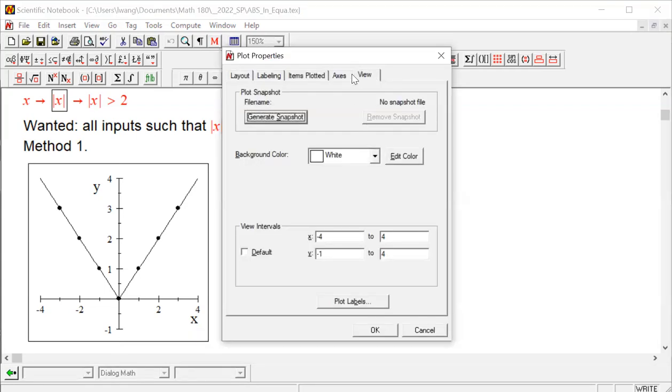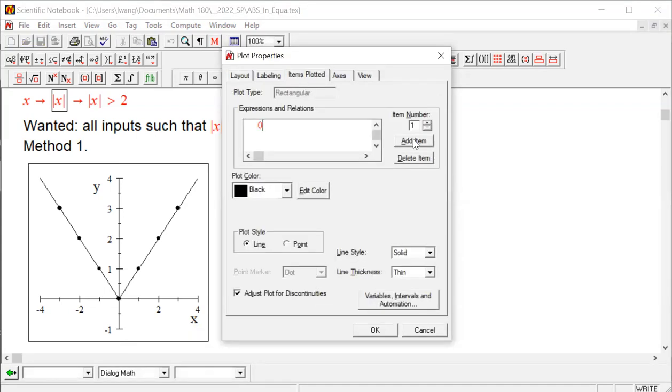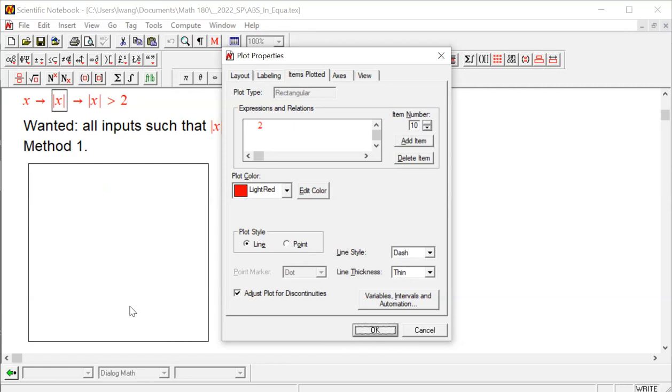So we're going to draw a horizontal line. That horizontal line, I'm going to draw it red, okay? Broken line. Why broken line? Because equals to 2 will be a solid line. It's a broken line, so that's the line we're going to draw.